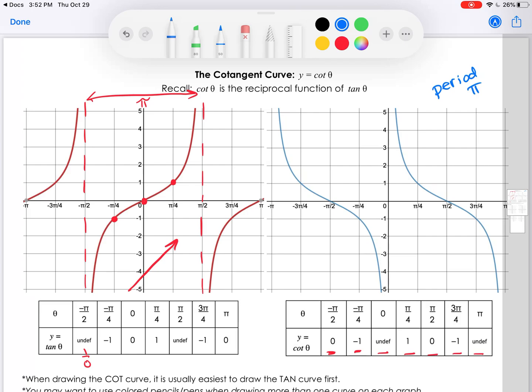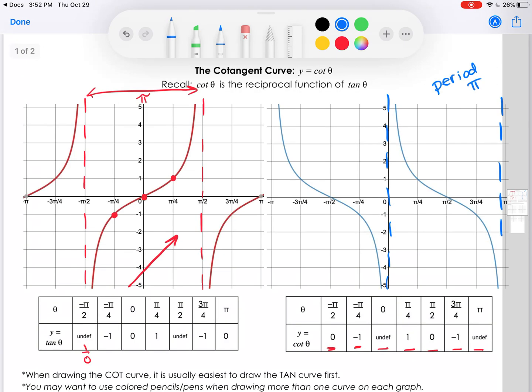Nothing's really changing there. But anything that was an intercept is now going to be an asymptote. So I usually had an intercept at the origin. Now I have an asymptote there. I would have had an intercept again at pi, so now I'm going to have an asymptote there. Anything that was an asymptote is now an intercept.